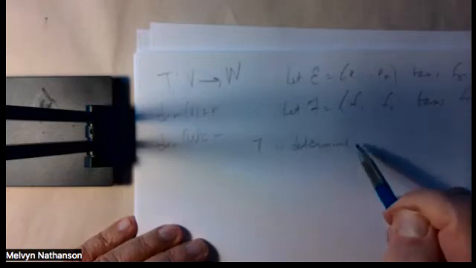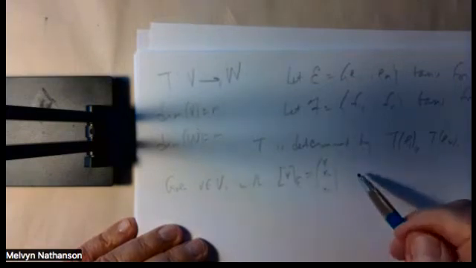So T is completely determined by what it does to the vectors E1, E2, and so forth up to T of En, because given a vector V in V with the coordinate vector of V with respect to E being this n-dimensional column vector, which means V is equal to x1 E1 plus x2 E2 up to xn En, then T of the vector V is T of x1 E1 plus x2 E2 up to xn En.